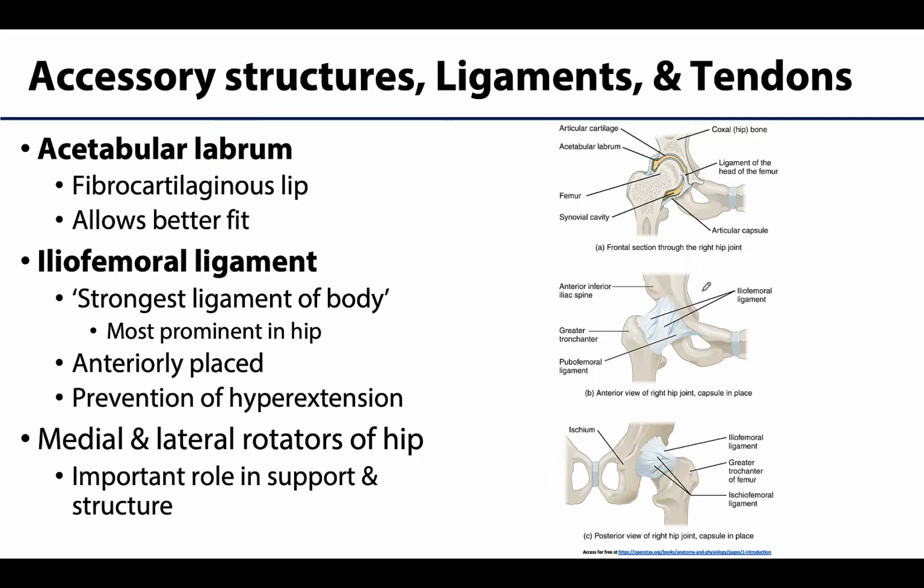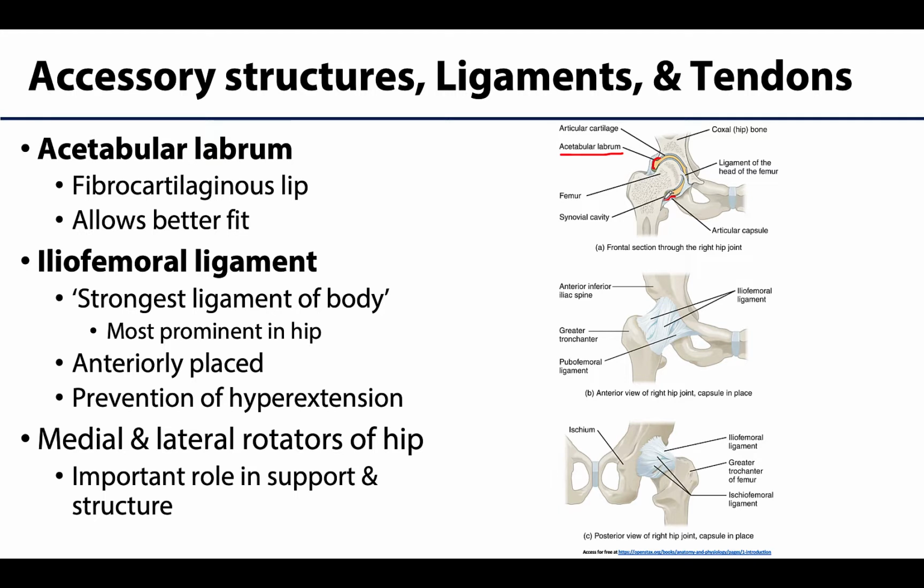And so, of course, we will find a fibrocartilaginous lip associated with this area, so with the acetabulum here. So you can see a bit of it right here. And this provides an additional component of strong fit between the acetabulum and the head of the femur.